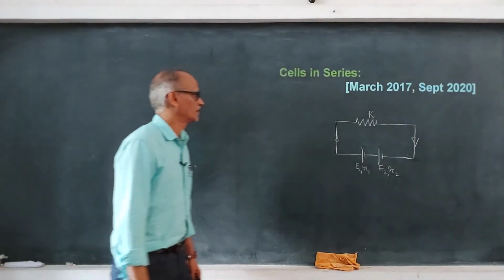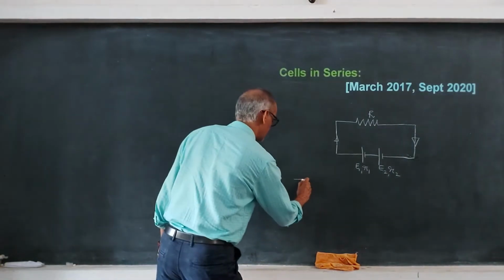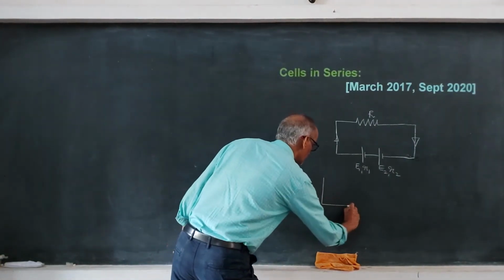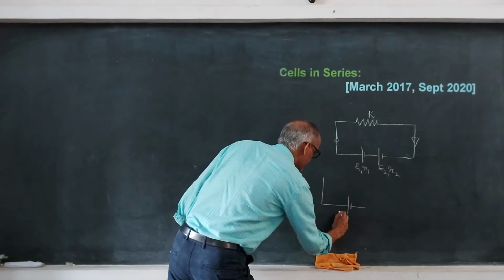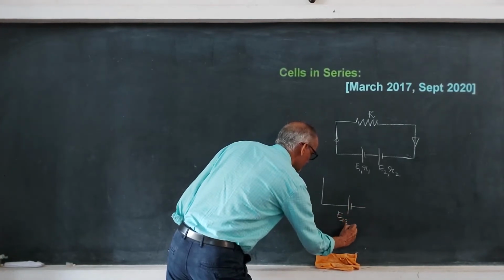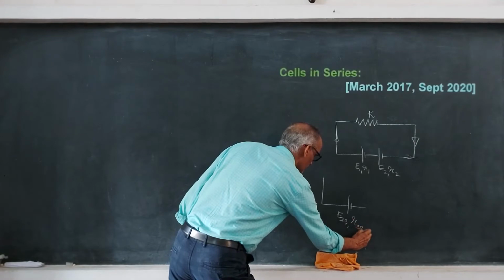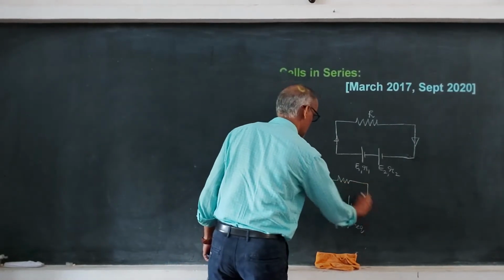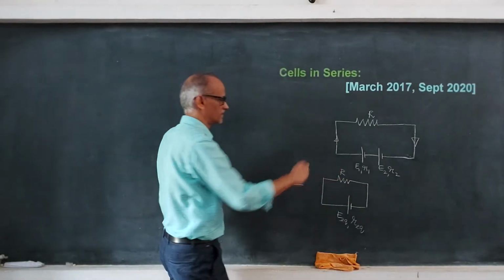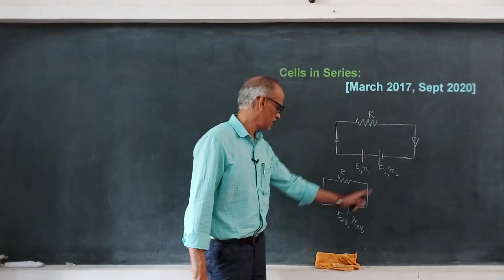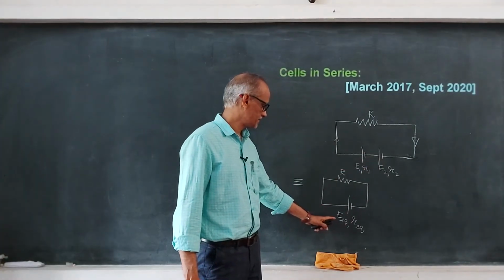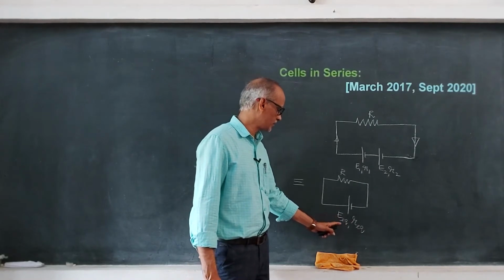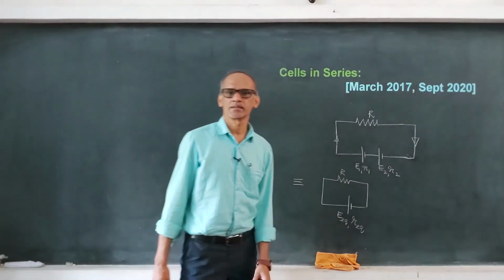Now, if I replace this with an equivalent single cell, E equivalent, comma, r equivalent, then there is only one resistor. So this is a simplified version of it. These two cells are replaced by one single cell whose equivalent EMF is E equivalent and internal resistance r equivalent, and R is the external resistance.